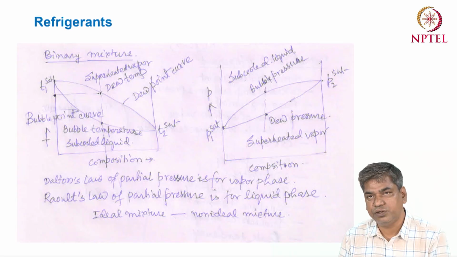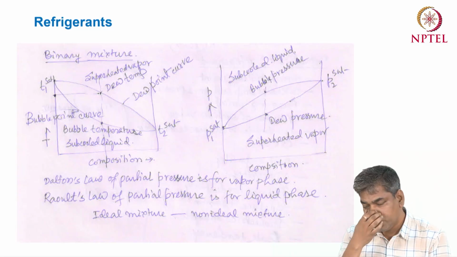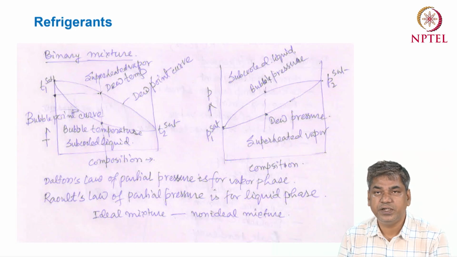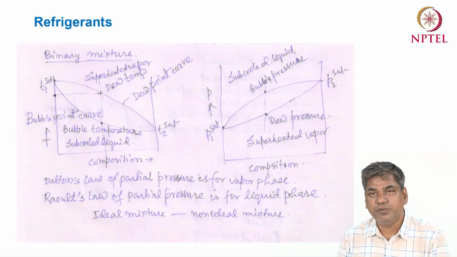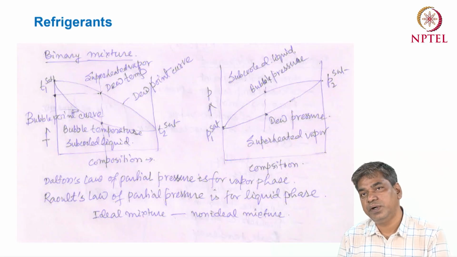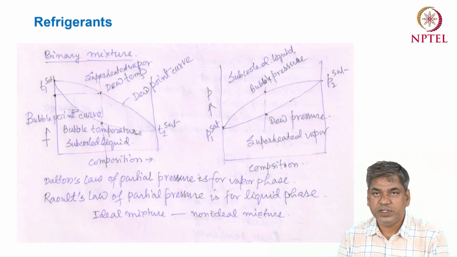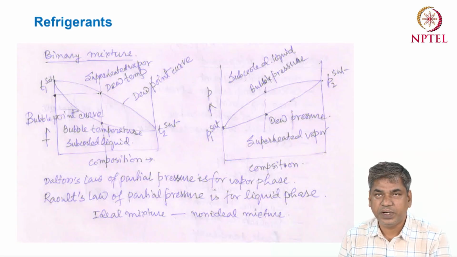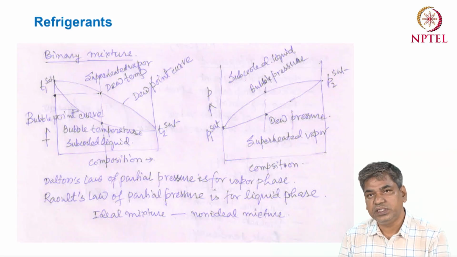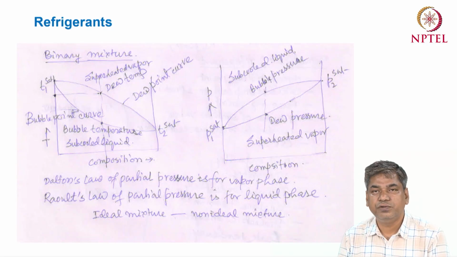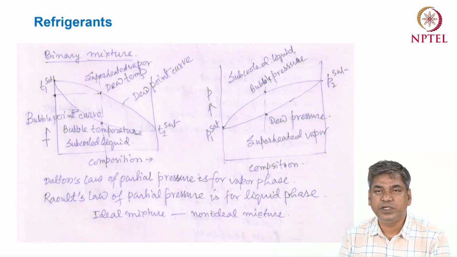That means at constant pressure, if you heat the refrigerant mixture, the evaporation will start at some temperature, but the evaporation process will end at another temperature. So the start and end of evaporation temperatures will be different in the case of a refrigerant mixture. So we can draw the two-phase zone or curve this way.